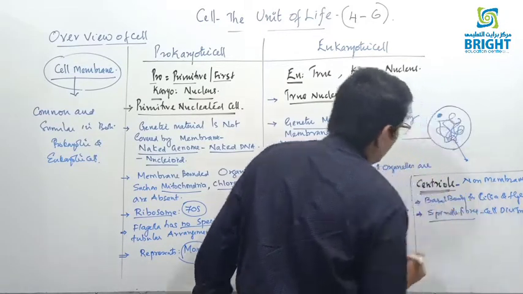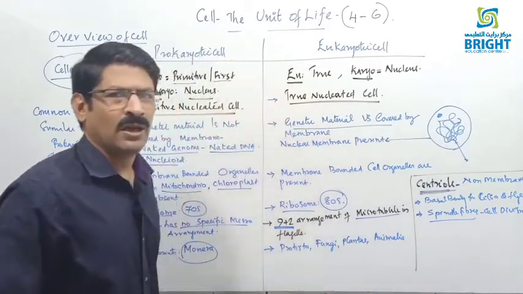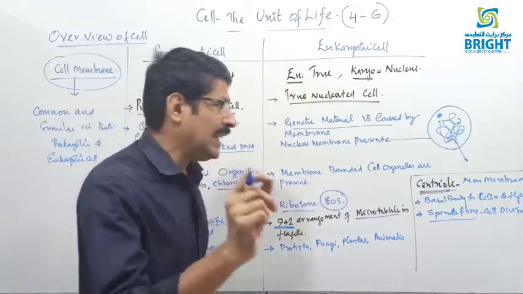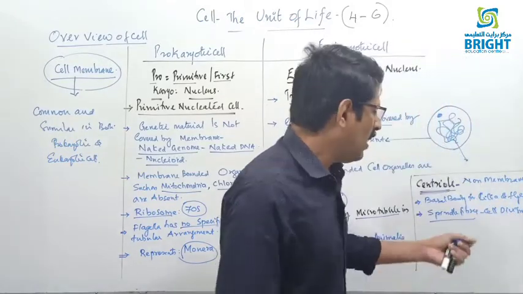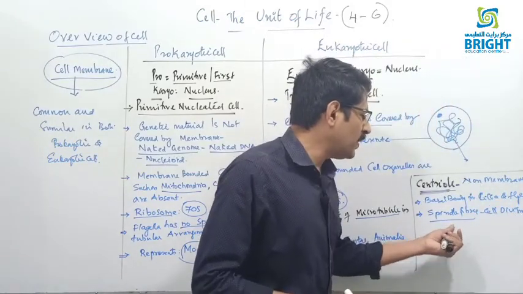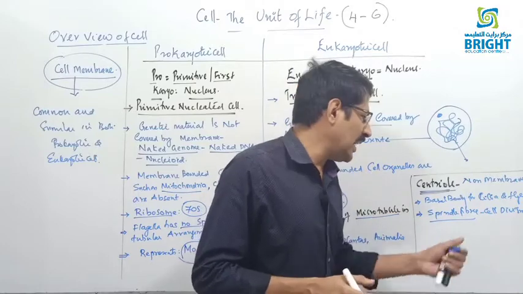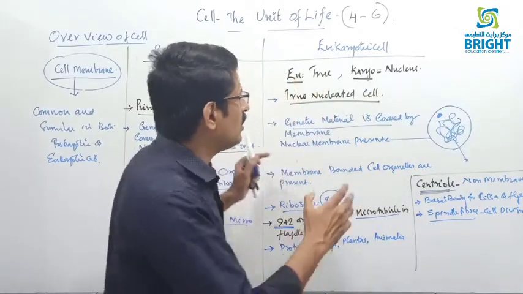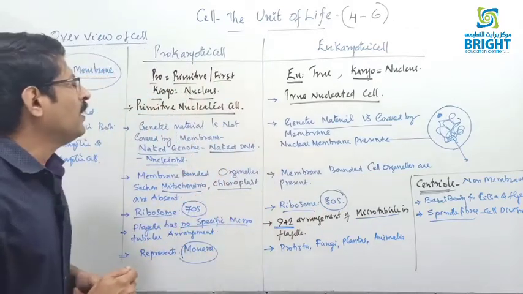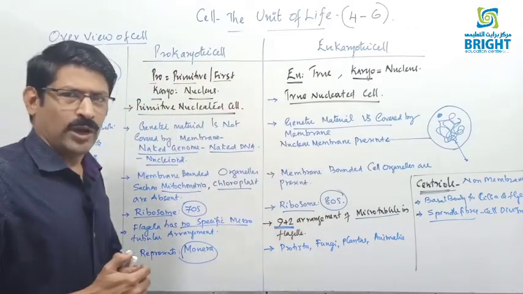So centriole is a non-membrane bound structure present only in the animal cell, not in plant cell, and it is involved in the formation of spindle fiber, and it acts as the basal body for the cilia and flagella. So this is the comparison between prokaryotic and eukaryotic cell.